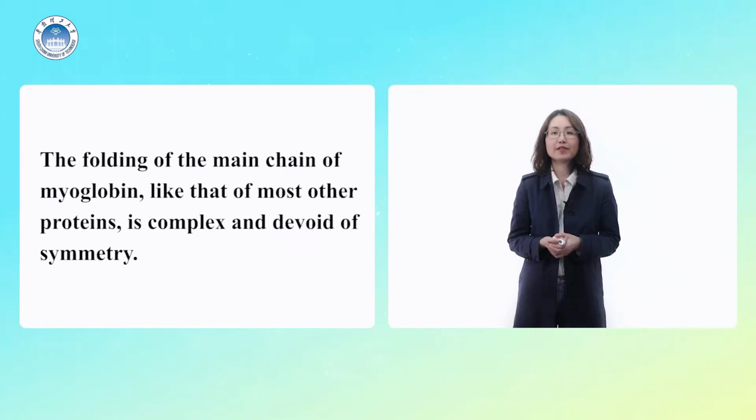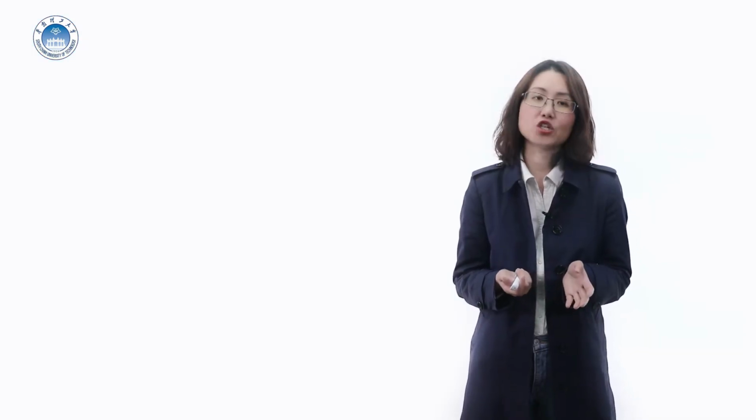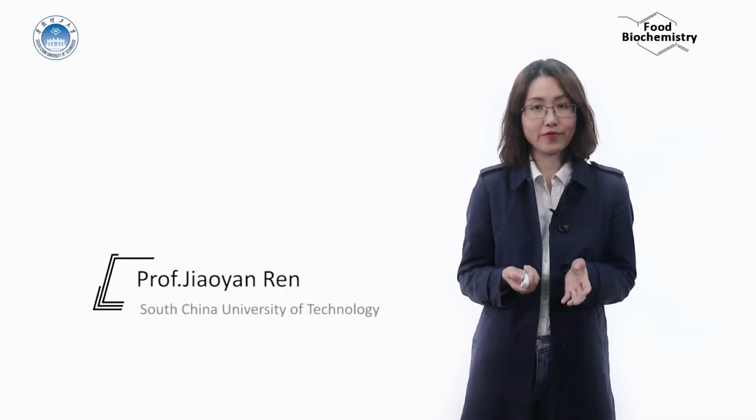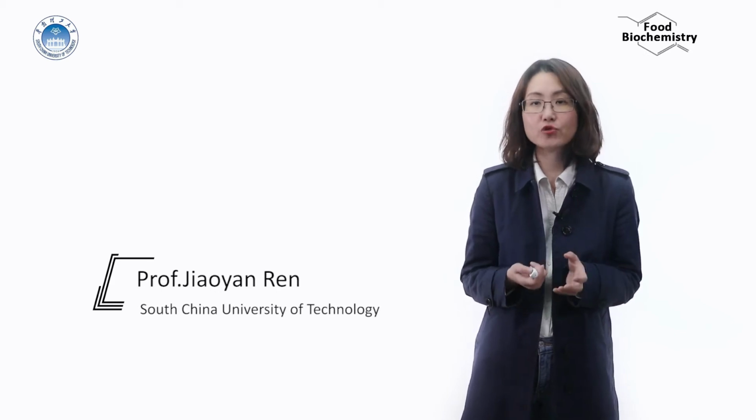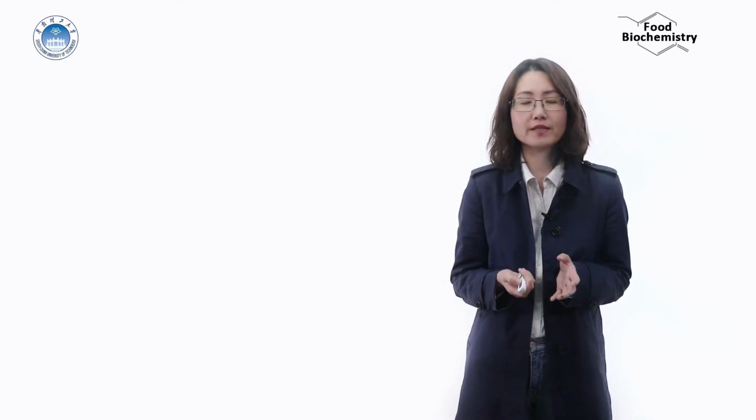The folding of the main chain of myoglobin, like that of most other proteins, is complex and devoid of symmetry. The overall course of the polypeptide chain of a protein is referred to as its tertiary structure. A unifying principle emerges from the distribution of side chains.